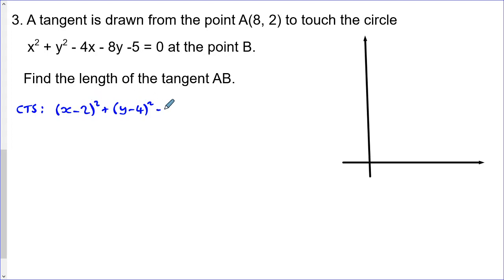So I need to subtract 4 for the first bracket, I need to subtract 16 for the second bracket, and I've got to subtract 5 at the end. For this one, I do want to know the length of the radius, because that's going to be used to help me find the length of this tangent.